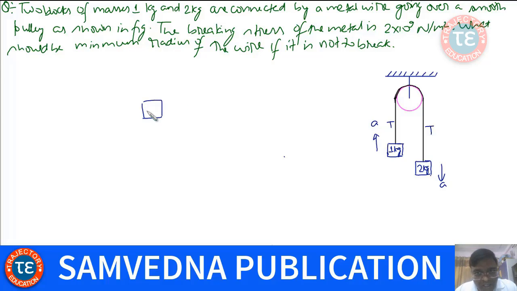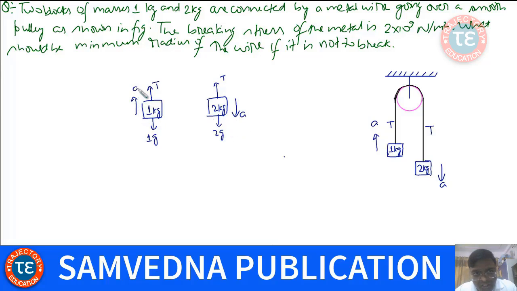So if I draw the free body diagram of the 1 kg block and this 2 kg block, then what are the forces acting on the 1 kg block? You have T in the upward direction and 1g in the downward direction. You have T in the upward direction and 2g in the downward direction.